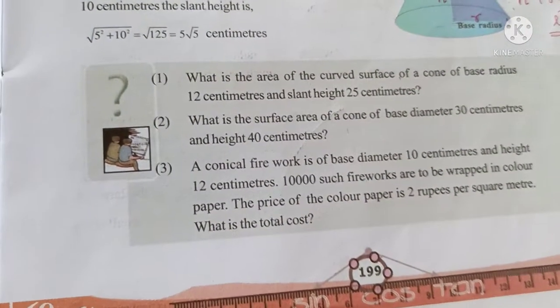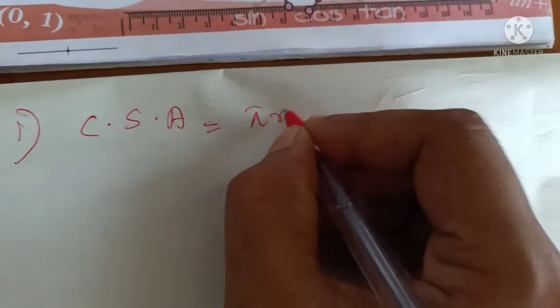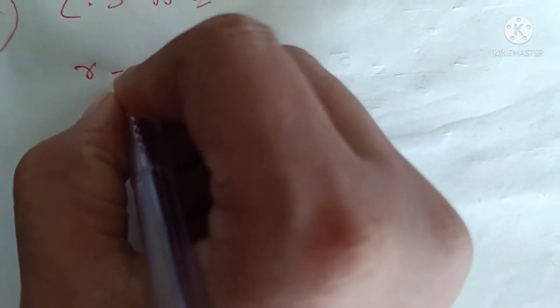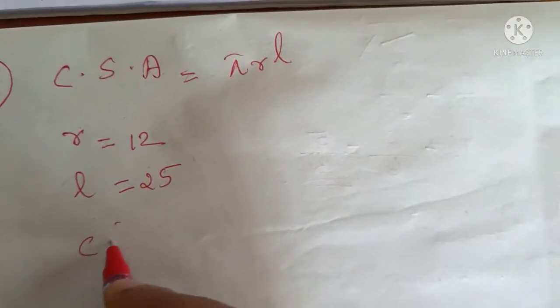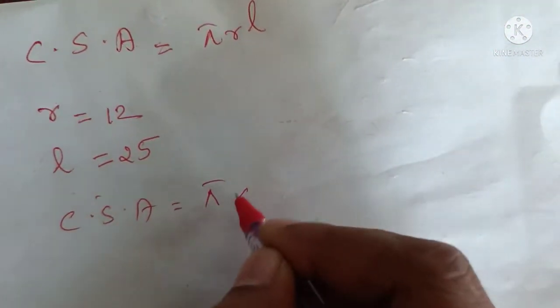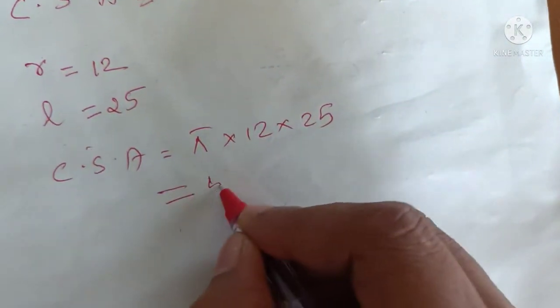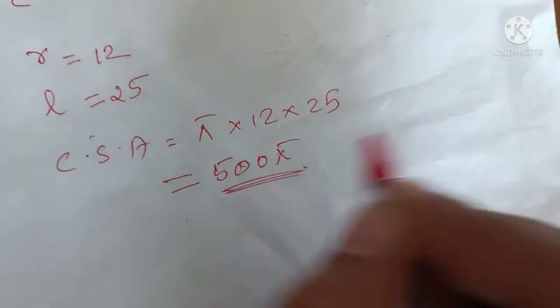The curved surface area of a cone is equal to pi r l. So CSA is equal to pi r l. Here r is 12 centimeters and slant height l is 25 centimeters. Then CSA is equal to pi into 12 into 25, which is equal to 500 pi.